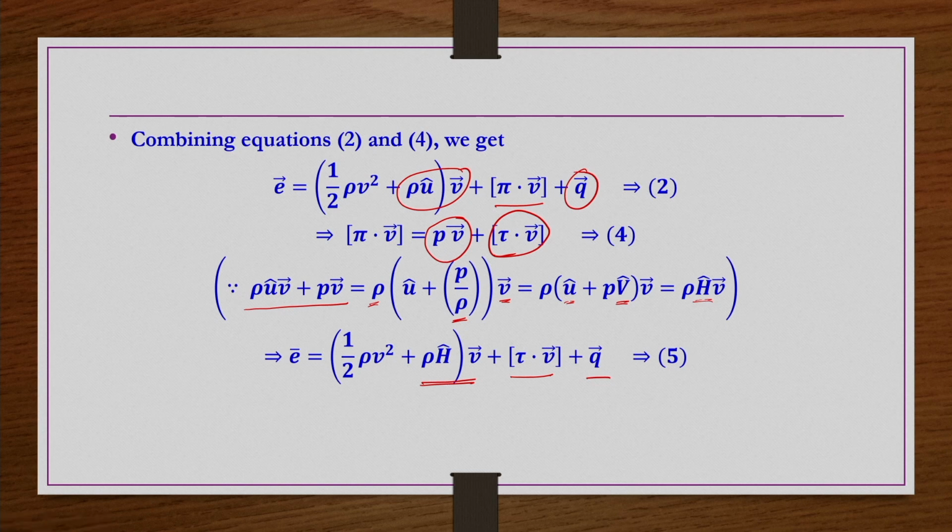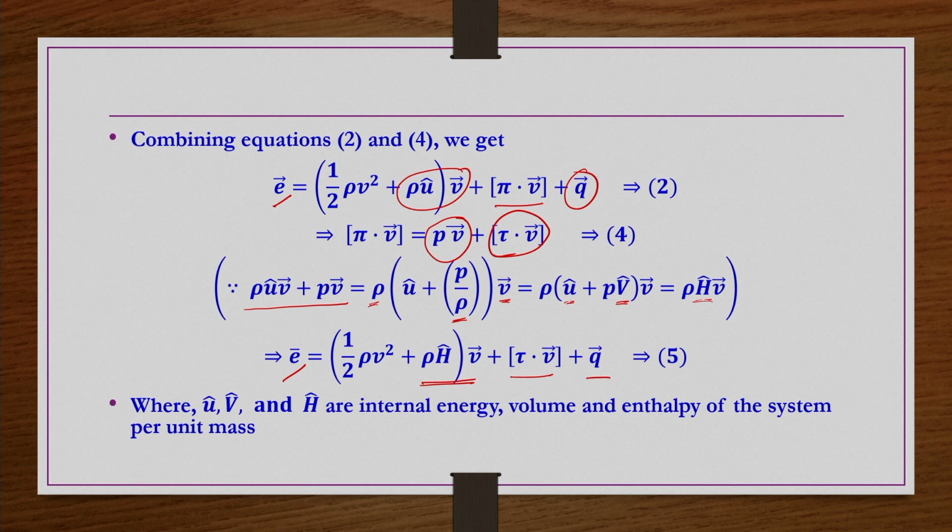In a balance equation, after doing the simplification, we have not yet written the cell balance equation. After writing that cell balance equation, in place of E we can use either this equation or this equation, where u tilde, v tilde and h tilde are nothing but internal energy, volume and enthalpy of the system per unit mass.